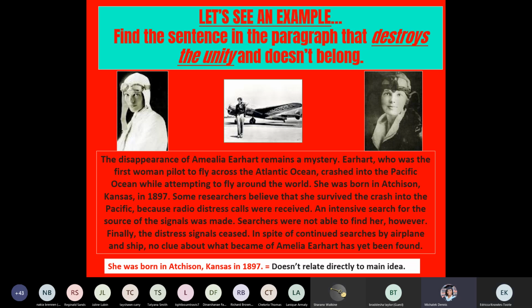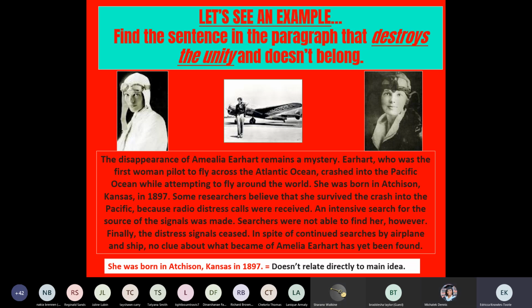Researchers were not able to find her. All right, they're saying she survived the crash. Very good. What else though? Intense search for the source of the signal was made. Okay. Very good. So there are many supporting details there that explain this mysterious disappearance, okay?